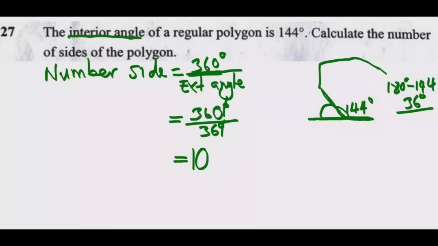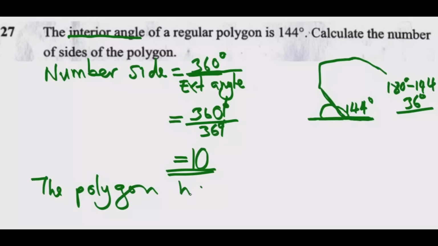So the number of sides the polygon has, we can say the polygon has 10 sides. So that is the answer we can write.